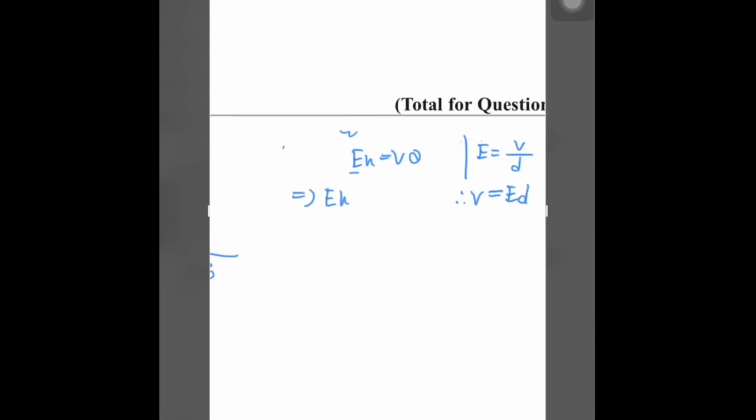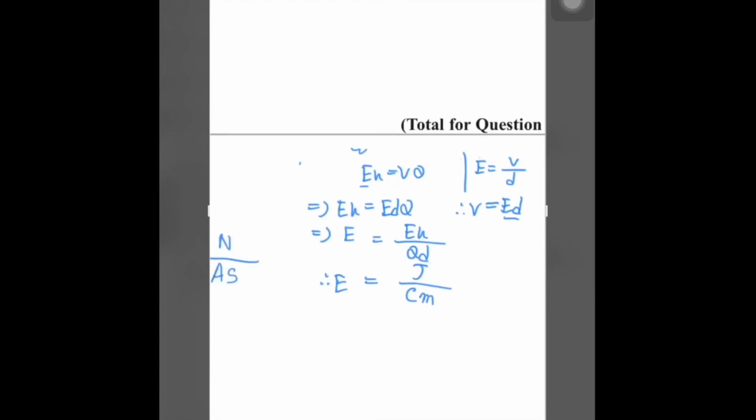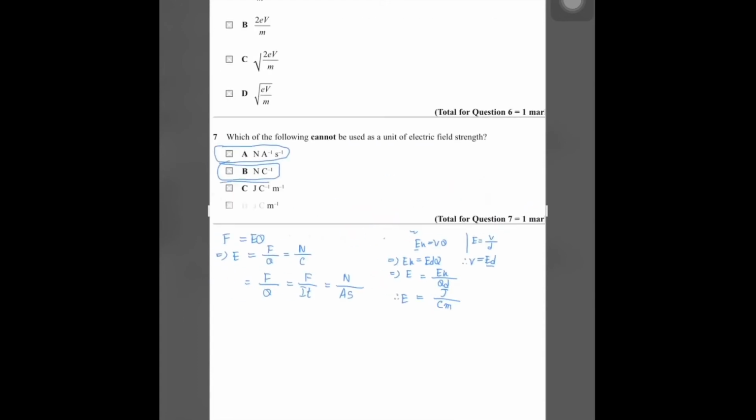So Ek equals VQ will be EdQ. So E will be Ek by Qd. So E will have joule, Q is charge, d is distance. So number C is also correct. So D will be the answer for question 7.